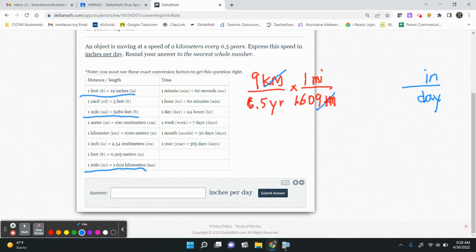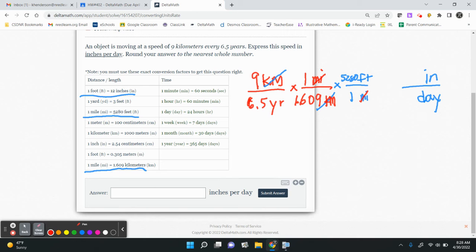My next rate will be to change those miles into feet. And so I'm going to multiply this so that miles is on the bottom and feet is on the top. And feet is 5280 and miles is 1. But I get another cancellation here.